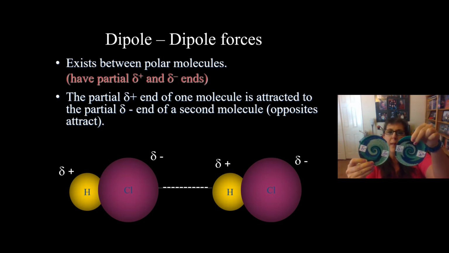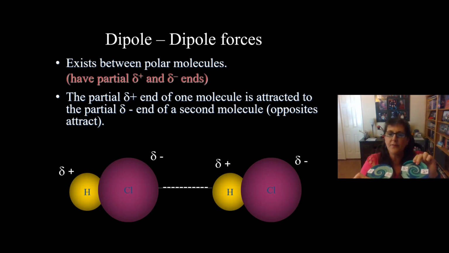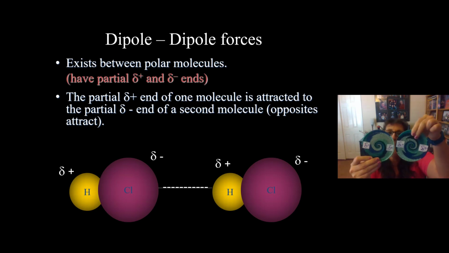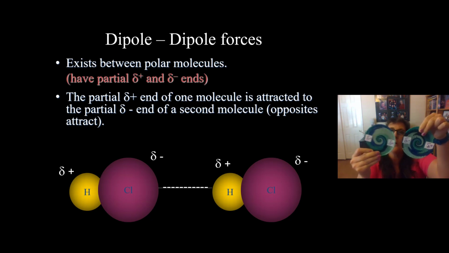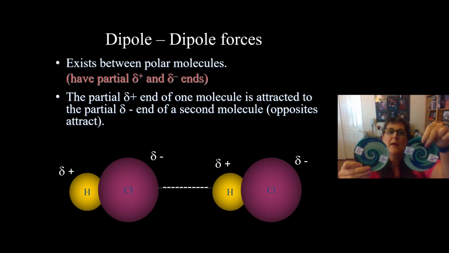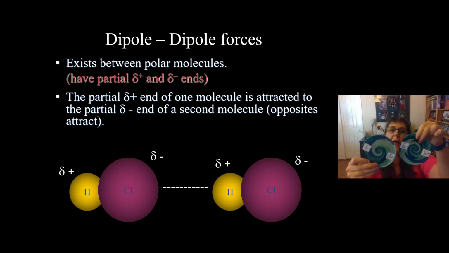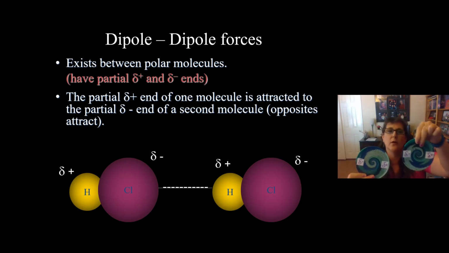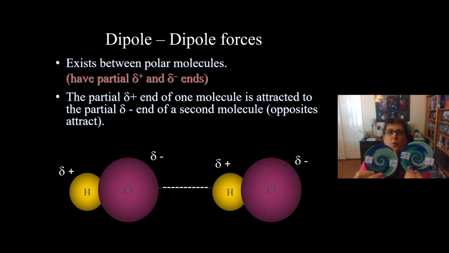Well, it'll line up like this, so that the delta positive of one molecule is close to the delta minus in the other molecule. So we have an attraction between these molecules. Opposites attract, and they are going to be close to each other. We won't be like this orientation.